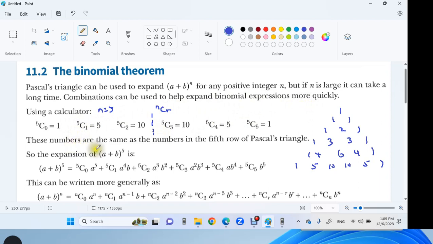So the expansion for (a + b)^5 will become 5C0, 5C1, 5C2, 5C3, 5C4, 5C5, with a to the power 5, a^4, a^3, a^2, a^1, and then no a; b^5, b^4, b^3, b^2, b^1, no b.